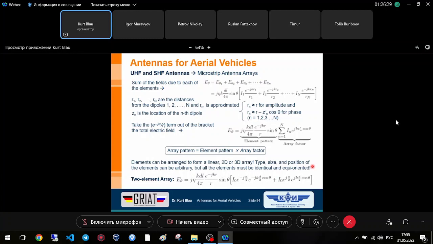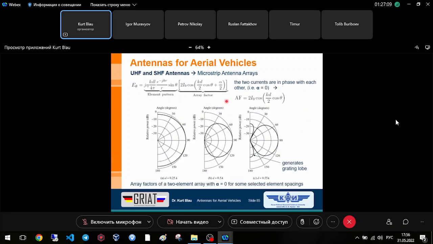Then you cannot apply this base formula. And this is what we have developed here. The two-element array consists of the single element description like here, and here in the brackets we have the current multiplied by this angle function. It's the same as here.